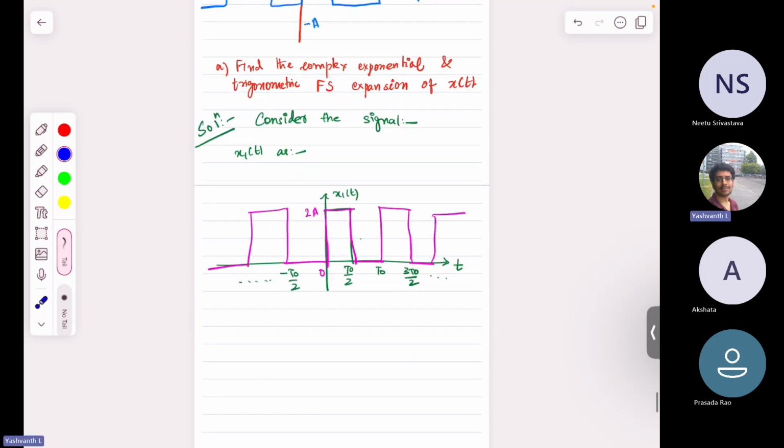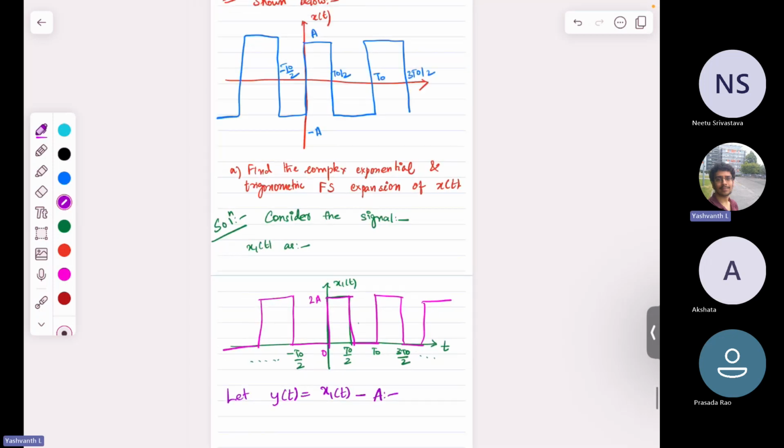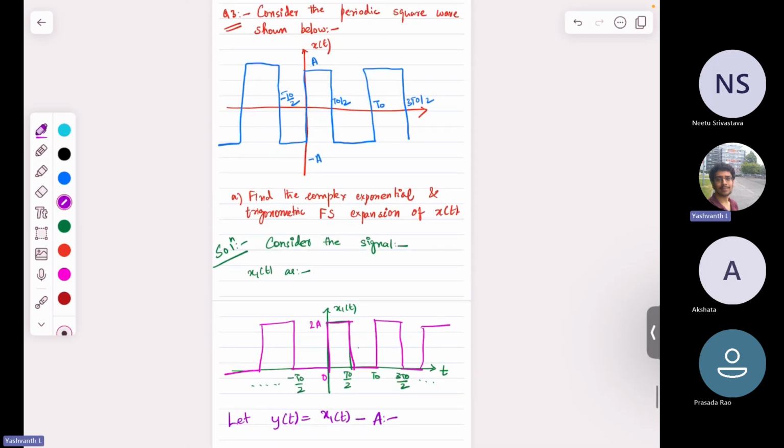So now, what I'm going to ask is, can you construct y of t equal to x1 of t minus a? Now tell me, how do y of t and x of t compare? What is the relation between x of t and y of t?